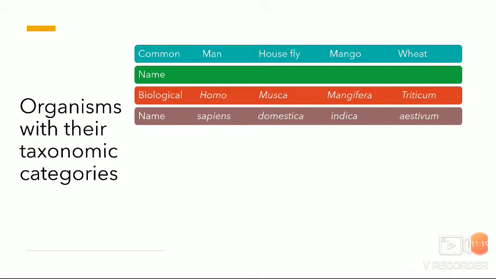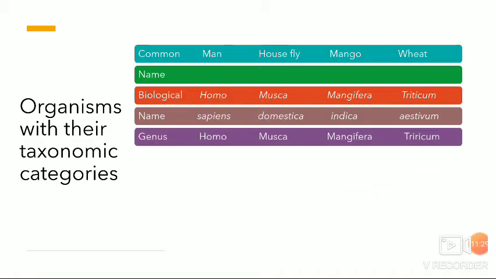Man is written as Homo sapiens, housefly as Musca domestica, mango as Mangifera indica, and wheat as Triticum aestivum. Then, what is the genus of man? Homo, and of housefly it is Musca, and of mango it is Mangifera, and of wheat it is Triticum.